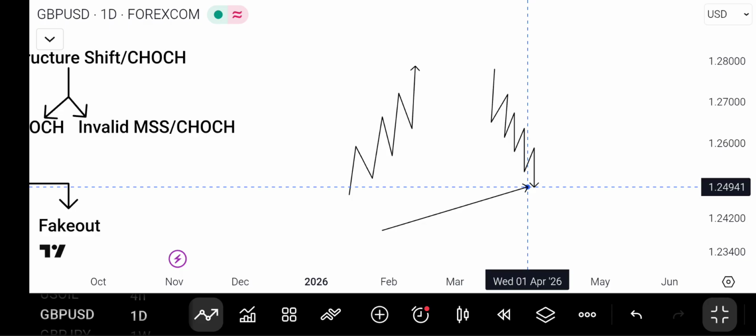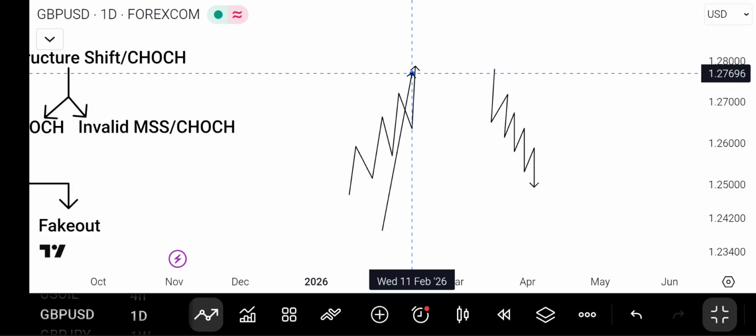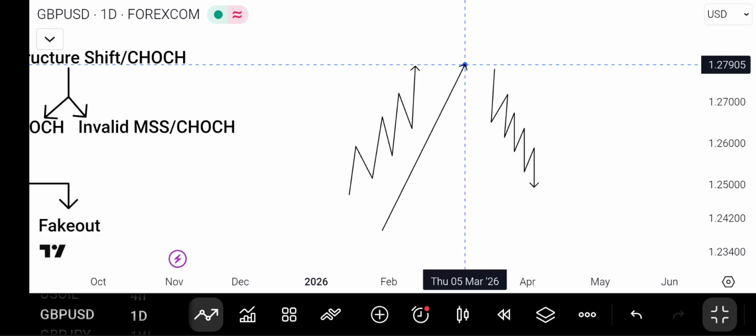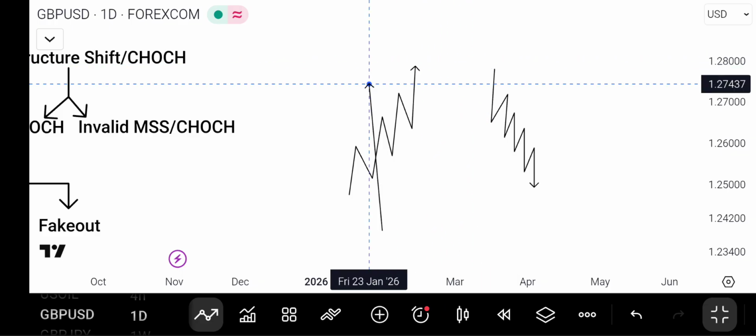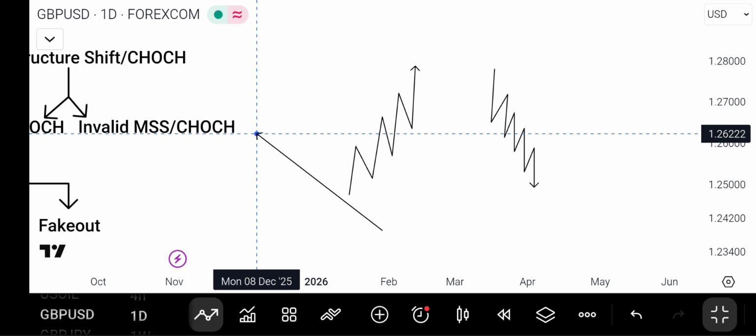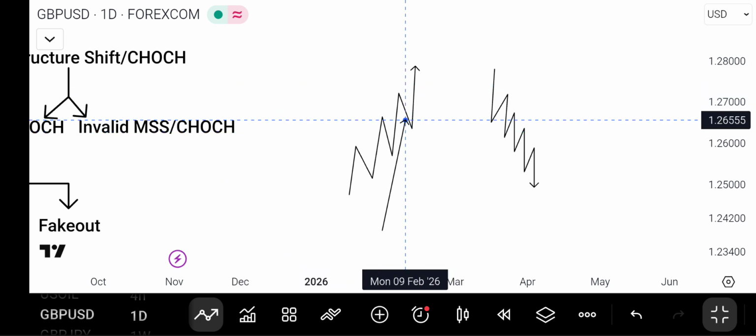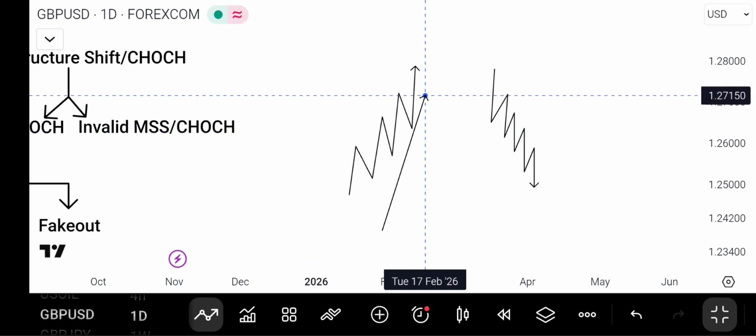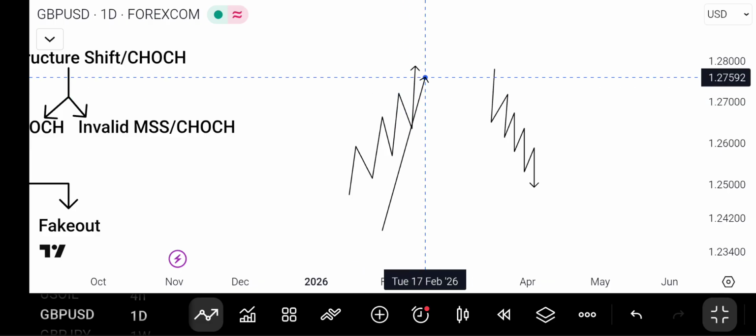Now, how do you know when these trends are coming to an end? We're explaining invalid market structure. When to know that this uptrend is now invalid, or maybe it's still valid.